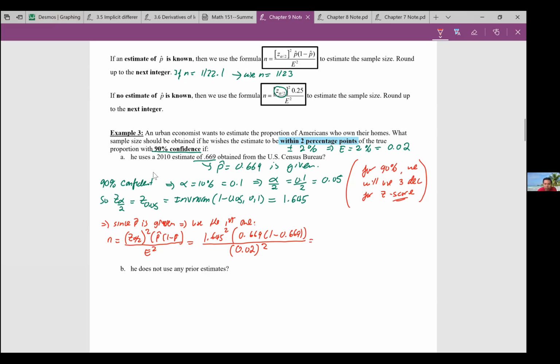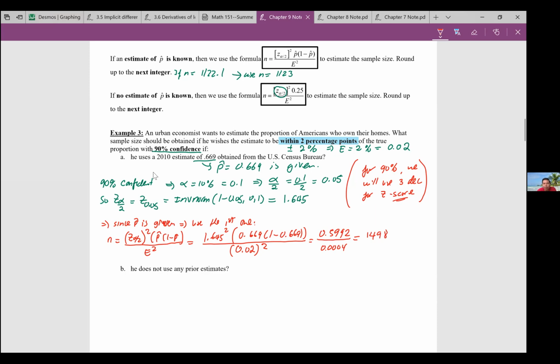So the top one gives me 0.5992 divided by 0.0004. There we go. So we get around 1498, right? So this is exact, so we're good to go, okay?